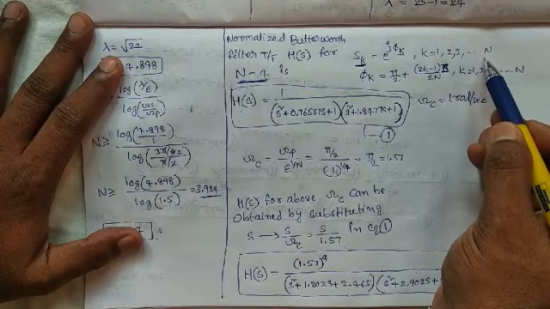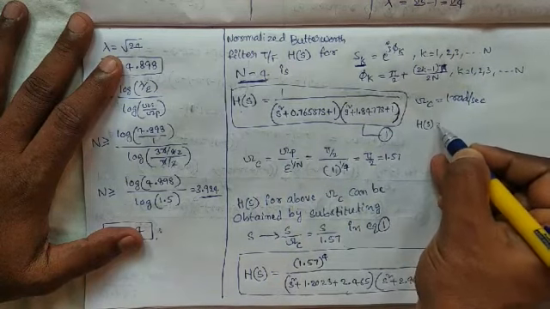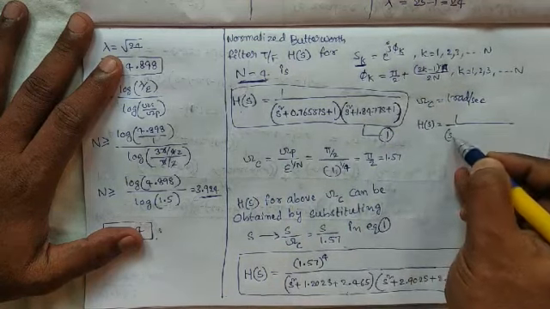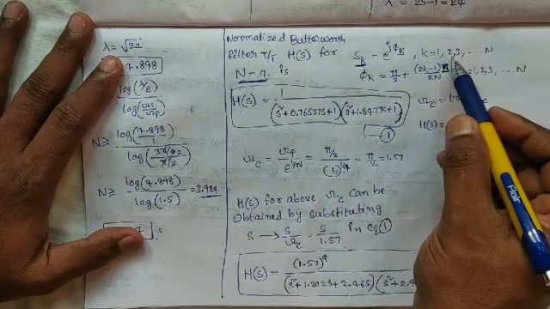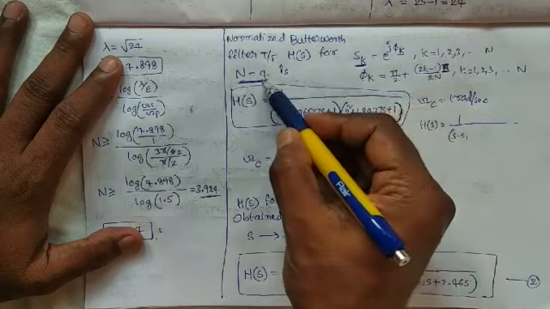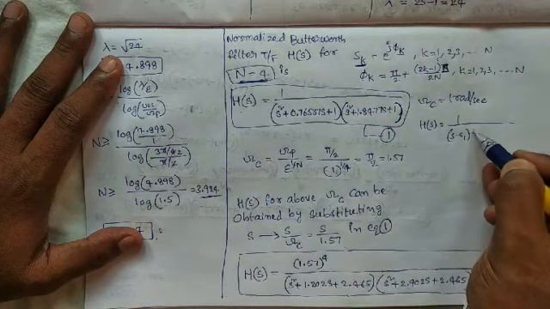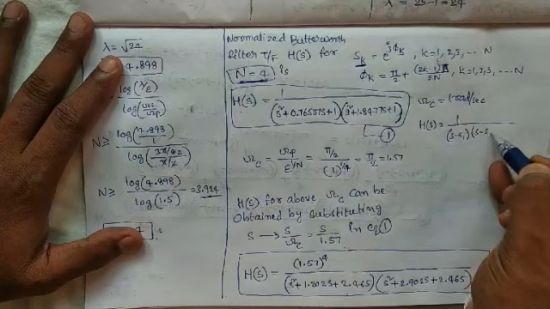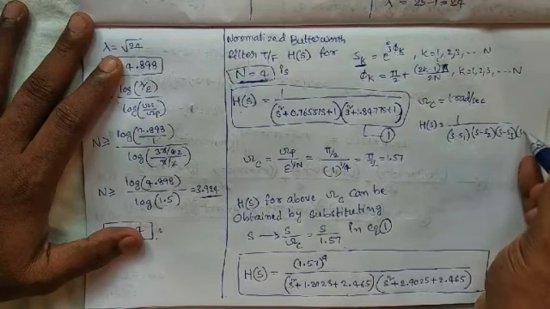Here we are expressing this H of s as 1 by the product of s minus sk, for k equal to 1 to capital N, where capital N is 4. That means s minus s1 into s minus s2 into s minus s3 into s minus s4.